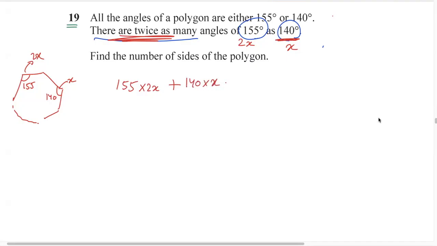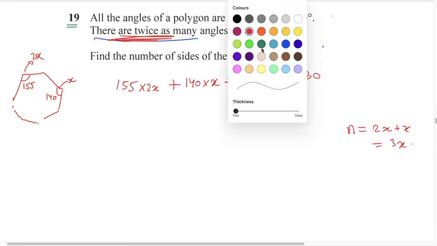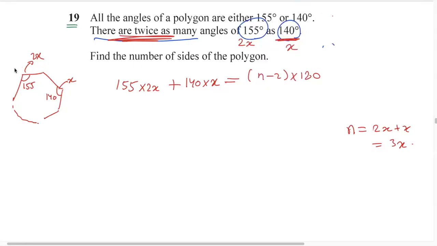On the other side, the sum of interior angles is n minus 2 times 180. And do we agree that n equals 2x plus x, that is 3x? Yes, because if these are 2x and these are x, the sides should be 3x.